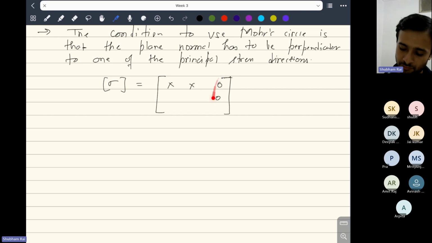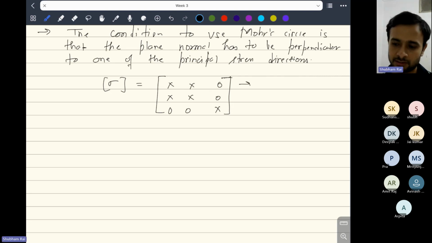So for this traction, there will be only a normal component. This value will be non-zero, and due to symmetry, these values will also be zero. So this can be a stress tensor on planes having plane normal perpendicular to the third principal direction.